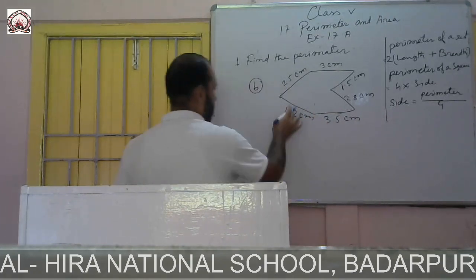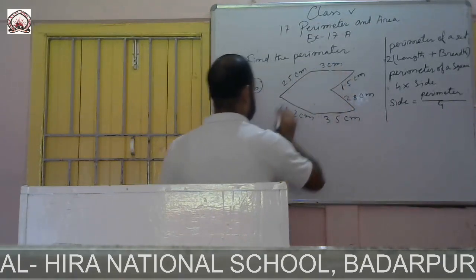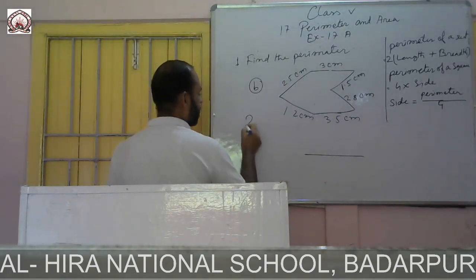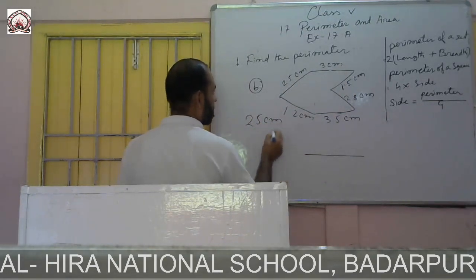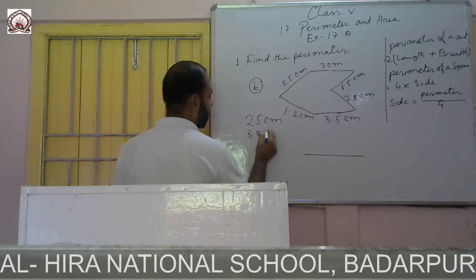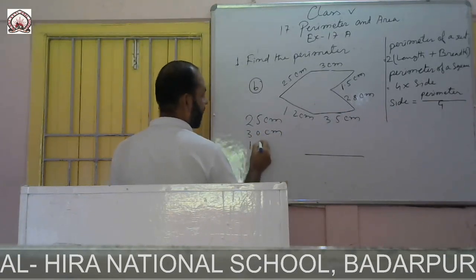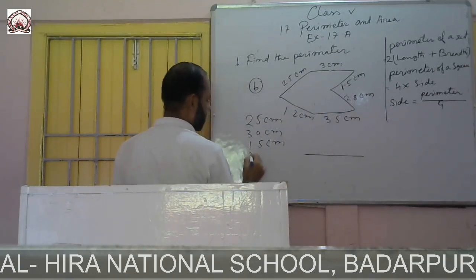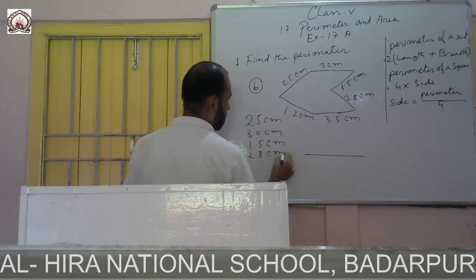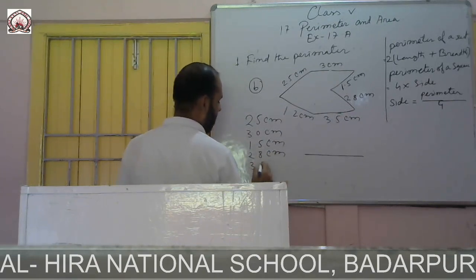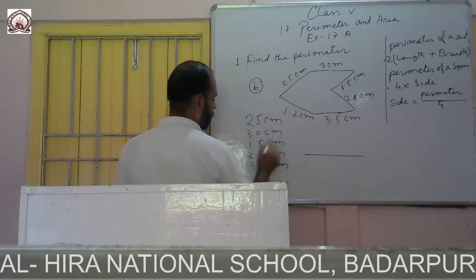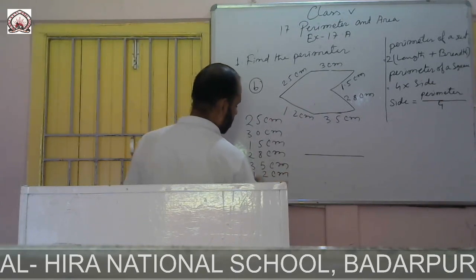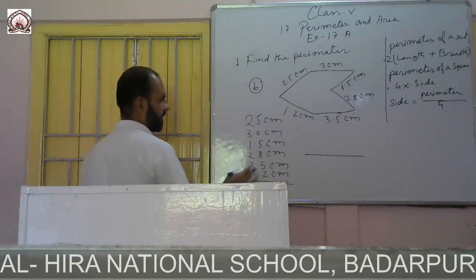So how many sides are there? 1, 2, 3, 4, 5, 6. 6 sides are there. We have to add all sides. There is 2.5 centimeter, 3 centimeter, 1.5 centimeter, here 2.8 centimeter, here 3.5 centimeter, 1.2 centimeter. Now we add. Yes, 6 sides are there.